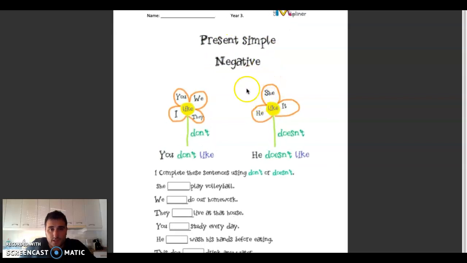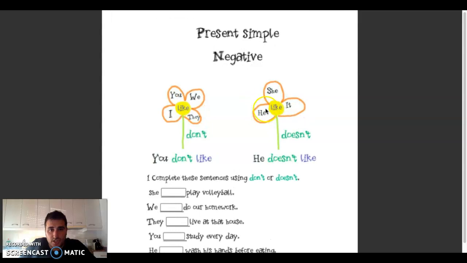Do you see here we've got she, he, and it on one flower, and on the other flower we've got we, you, I, and they. With these four, you, we, I, and they, we use don't, and on this other flower with he, she, or it, we use doesn't. If you see the example, it says here, you don't like, but with he, we say he doesn't like.